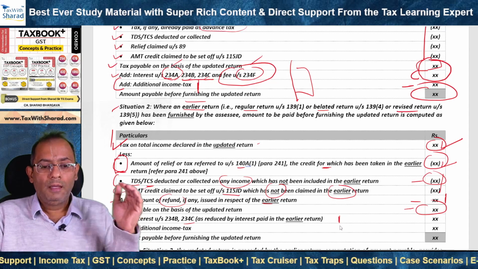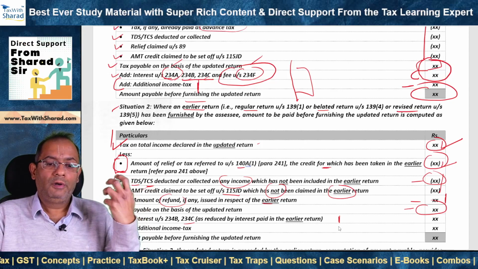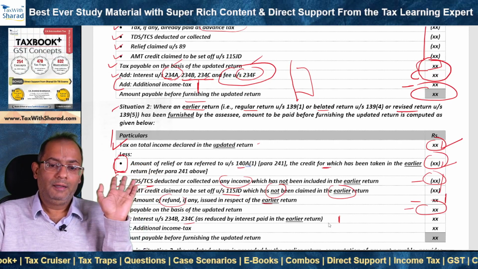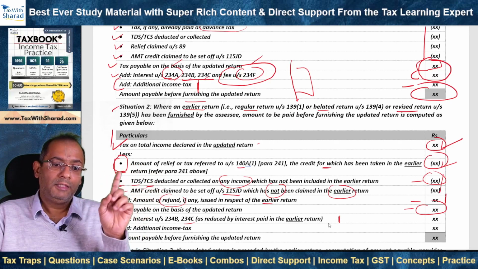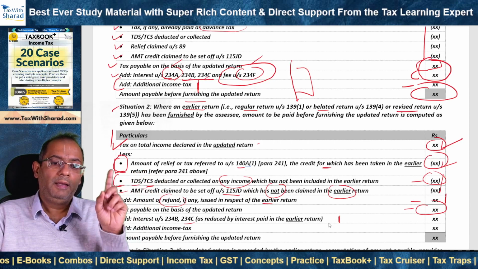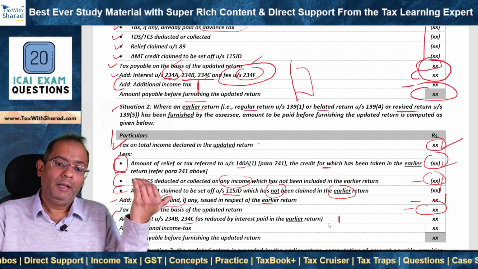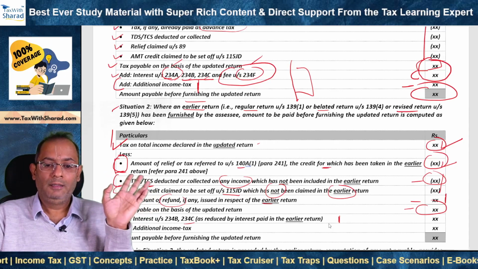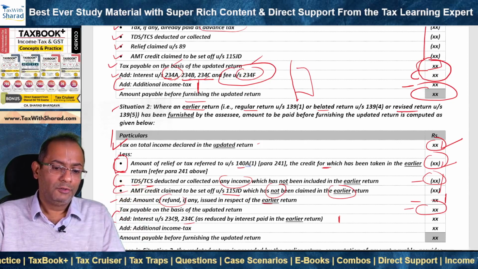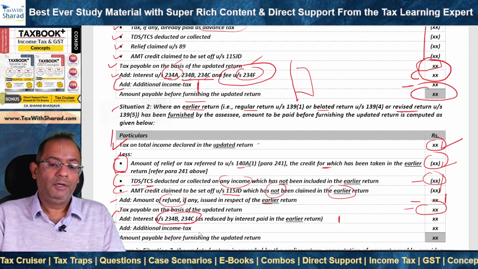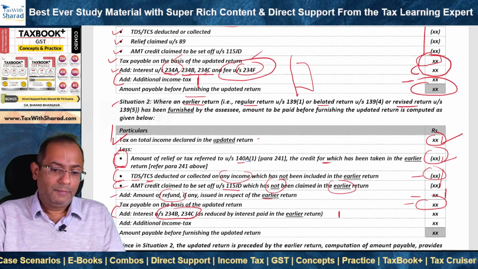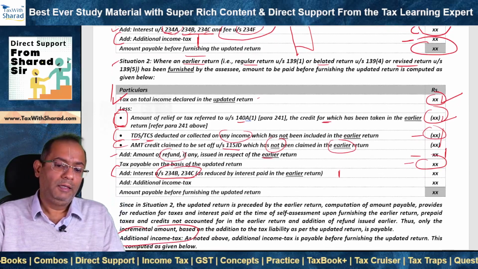Why? Because 234A interest and 234F fees would have been paid while furnishing the earlier return if that was applicable at that time. In situation 2, the earlier return has already been filed, right? So 234A interest and 234F fees would have already been paid at the time of furnishing of the earlier return, and therefore it need not again be paid at the time of furnishing the updated return. So only 234B and 234C needs to be seen, whether it needs to apply, and then it needs to be added.